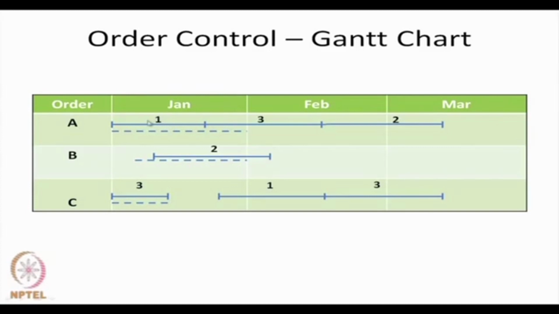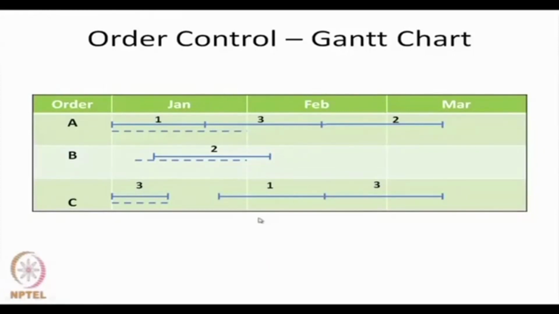Was it because the tools were not available, or is it because the workers were not working as per schedule, or there are some other problems with machine breakdown and things of that type. So, this is a very useful graphical chart through which we can know how the orders are being processed in different machines.